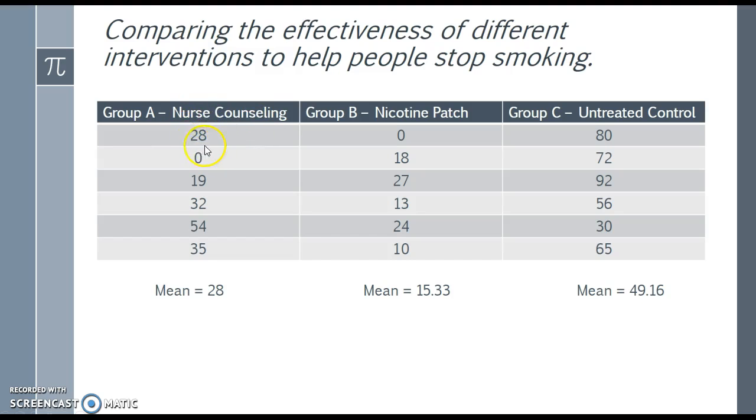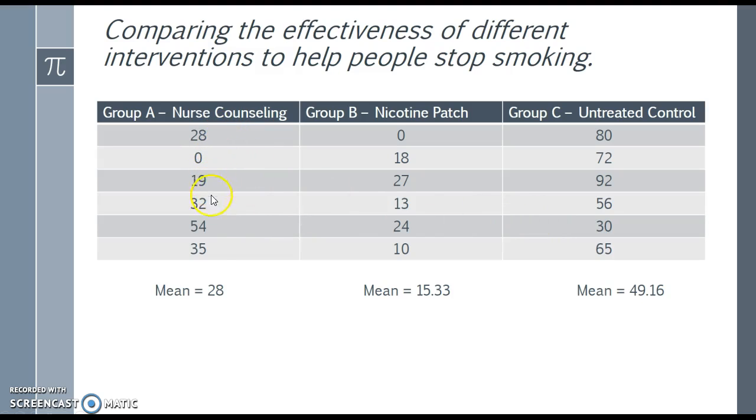So the 28 represents the number of cigarettes that one of the participants in group A had smoked in the last month. In group B, the 0 represents one of the participants' amount of cigarettes that he or she smoked in the past month. And group C represents a participant's number of cigarettes that he or she smoked in the past month. So each one of these in group A represents a participant. Same with group B and group C.